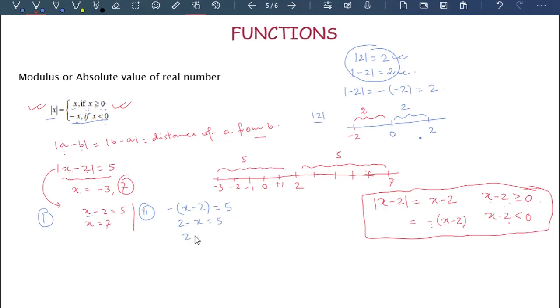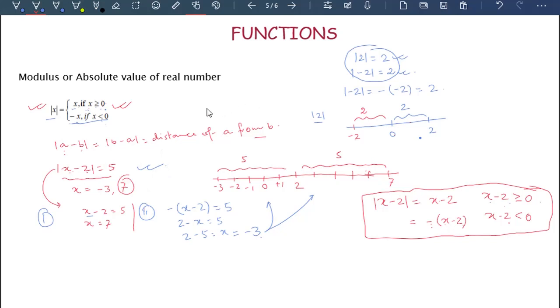So it is 2 minus 5 is equal to x. Transposing x to this side and 5 to this side, it gives you x is equal to -3, what we got earlier by the graph. So these are the two methods to solve equations involving the modulus.